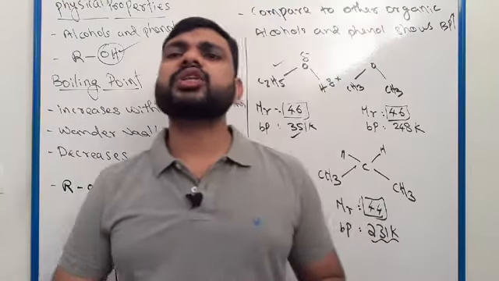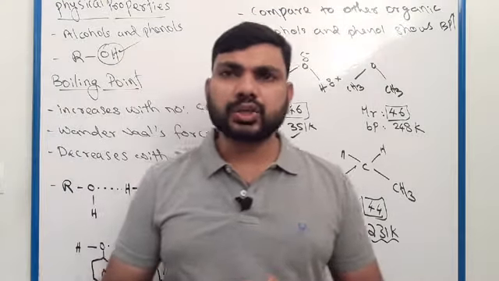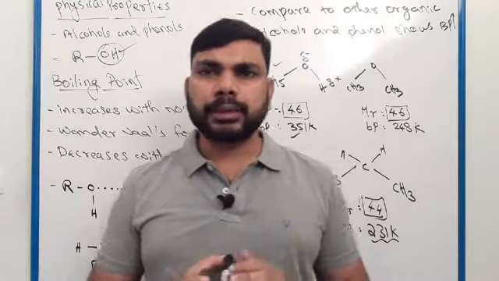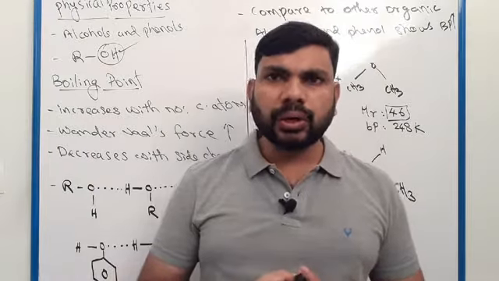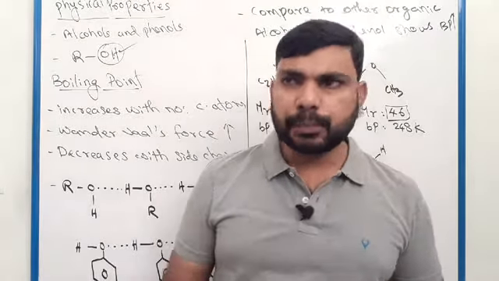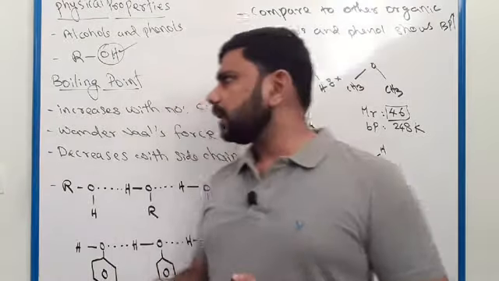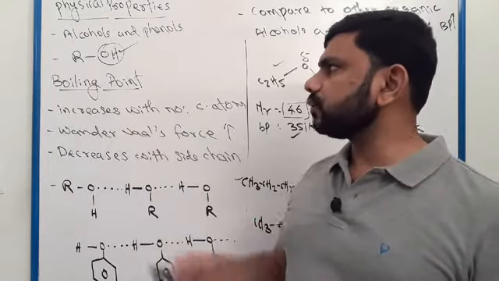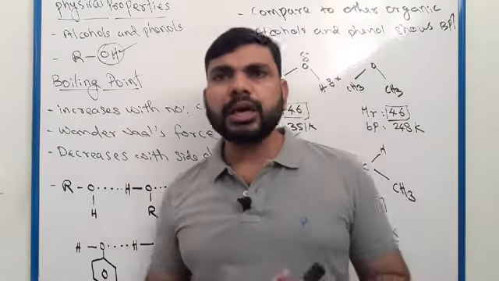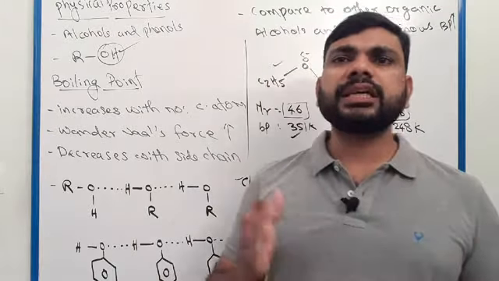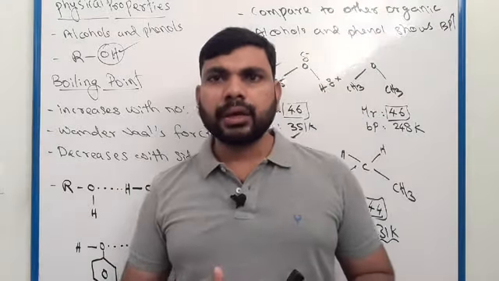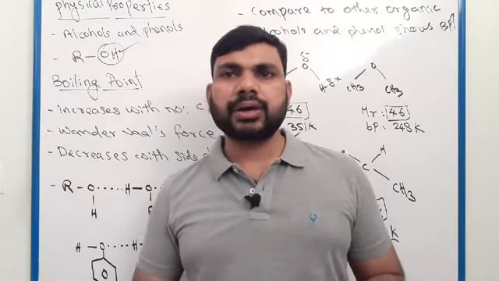So here we are talking about physical properties of alcohol. Physical and chemical properties of alcohol depend on the hydroxyl group. First one, boiling point. Boiling point of alcohol or phenol increases with the increasing number of carbon atoms, because of van der Waals force of attraction.